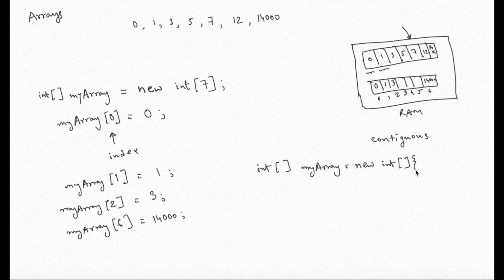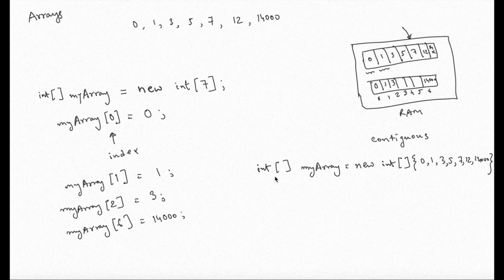Instead, we would have curly brackets that open up, and we can then just assign the values right there. This would create an array that already has all these values in it to begin with. And that is how we define an array with elements that are already in there.